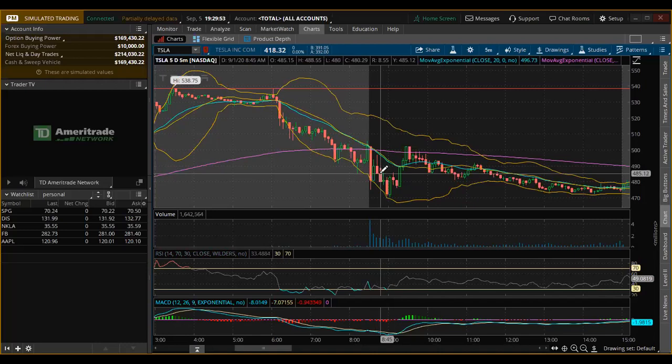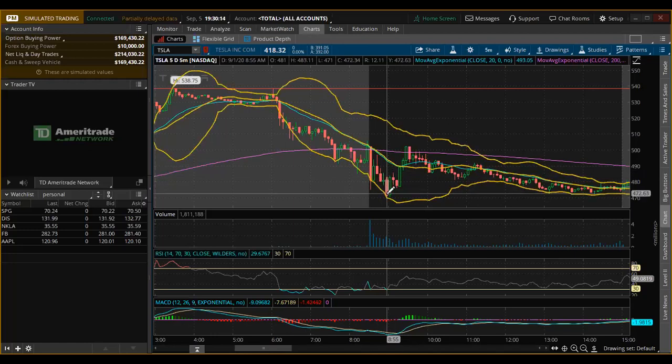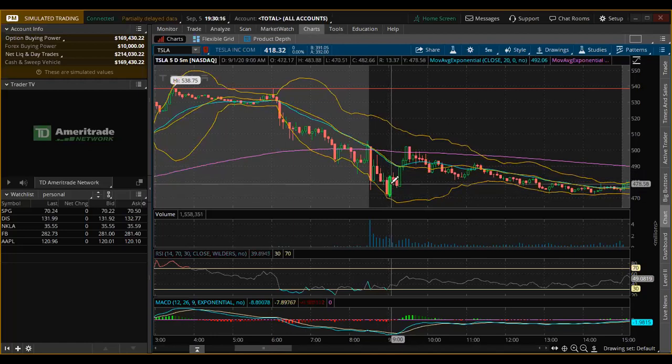If I was doing a put, I don't do puts on Tesla. That's just one of my rules. But if I was doing a put, I'd have got in on this candle right here, because I saw 1 and 5, and then this was confirming that it was dropping. Got in. You could have written it down. And then right here, you would have seen it pushing back up, and I'd have got out somewhere over here.